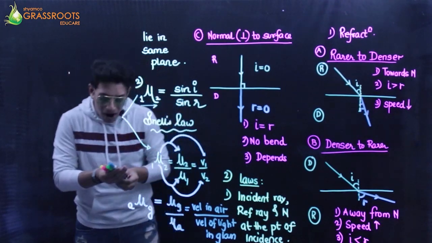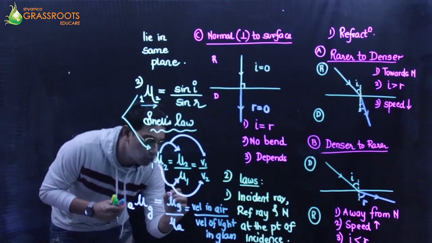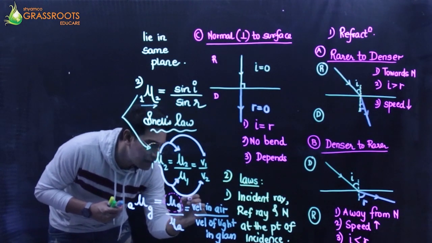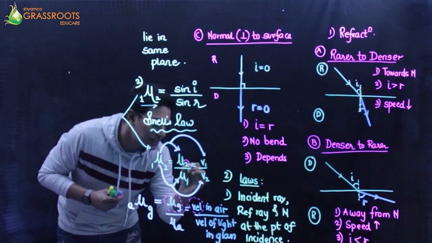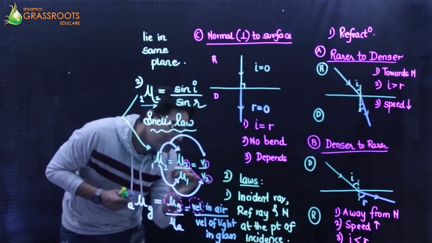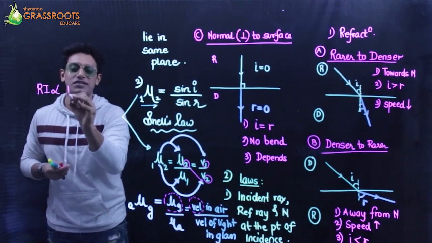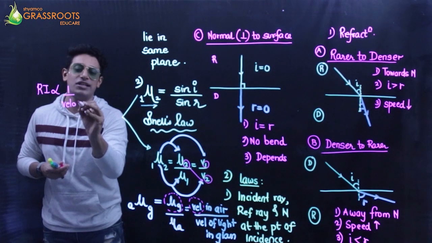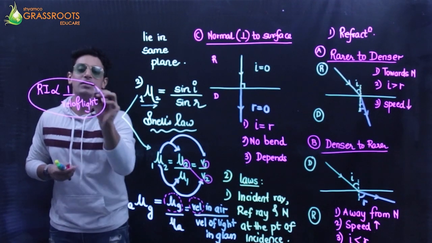So from this part, I can claim that mu and the velocity are inversely proportional. Check. This is mu 2, but this is V1. We have V2 out here. So I can say the refractive index is inversely proportional to the velocity of light in a medium. Remember that.